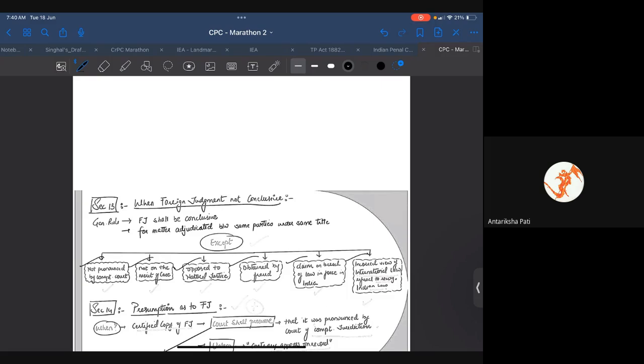So a foreign judgment shall be conclusive for matters adjudicated between the same parties, but if these grounds are present, then it will not be conclusive.